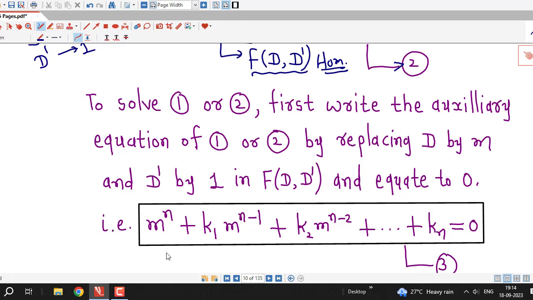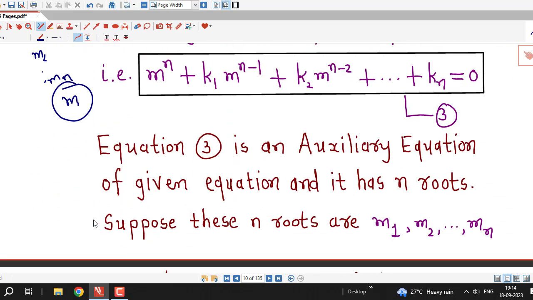This is an nth degree polynomial in variable m, and therefore it has n roots because it is of nth degree. Suppose the n roots are m1, m2 up to mn. So equation 3 is the auxiliary equation of the given equation, and it has n roots.